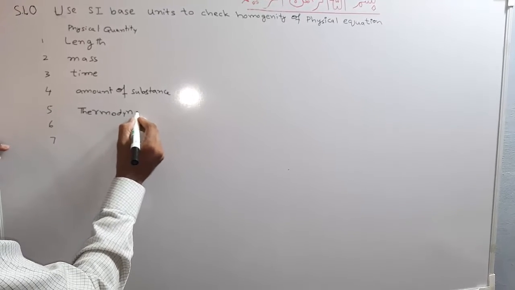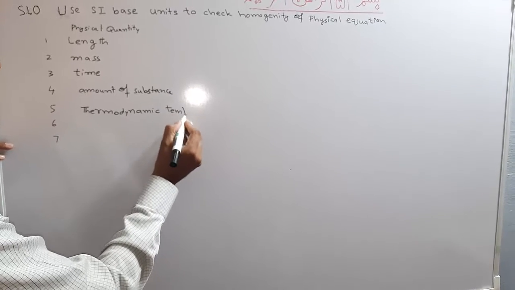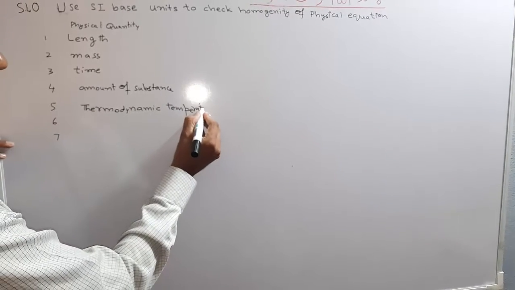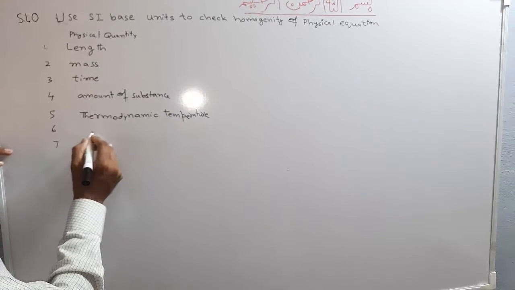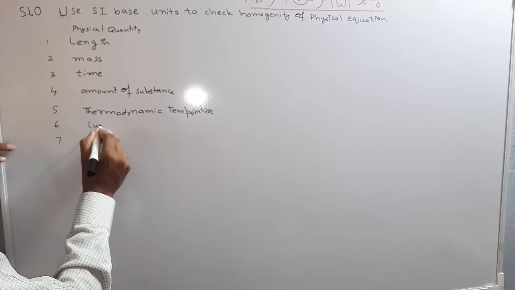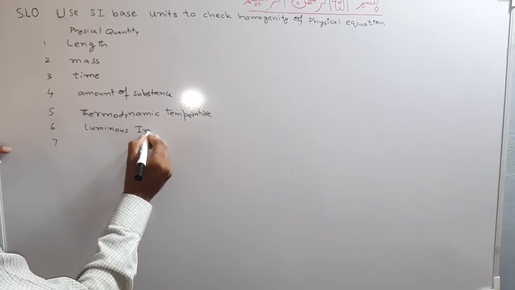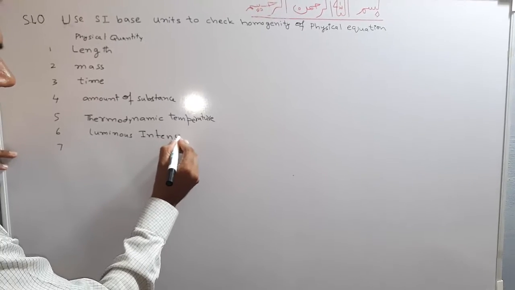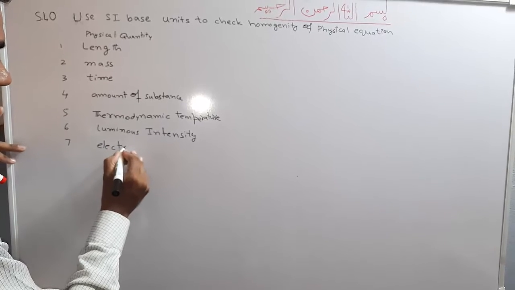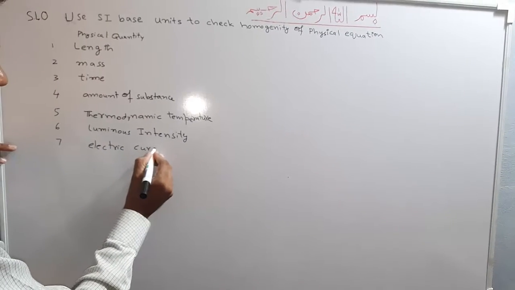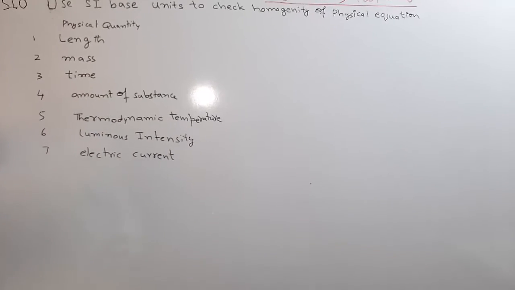Then luminous intensity and electric current. These are the 7 base quantities in the SI system.